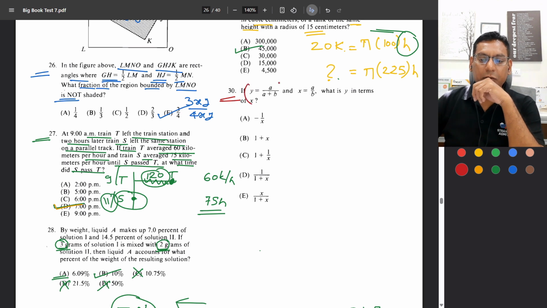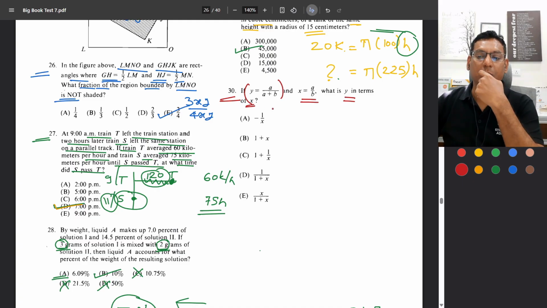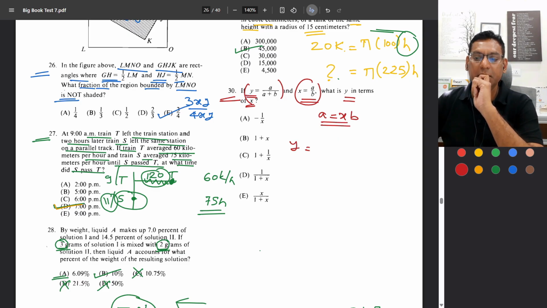If y is equal to a by a plus b and x is equal to a by b, then what is y in terms of x? Let me write a as xb in this equation. So y is a by a plus b.